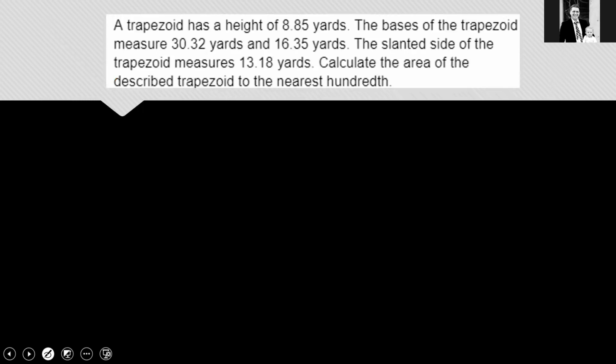Let's work some examples. So this says a trapezoid has a height. Okay, I'm just going to draw a dummy trapezoid. There's a trapezoid. It says it has a height of 8.85 yards. So I know that's my up and down distance, 8.85 yards.